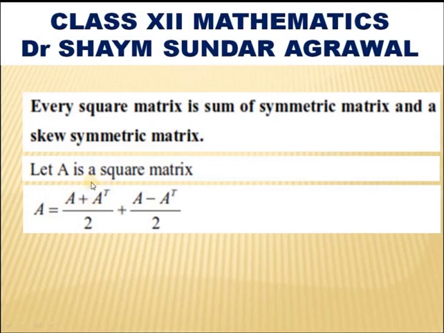So, A plus A transpose divided by any scalar is also a symmetric matrix, and already we have proved A minus A transpose is a skew symmetric matrix. So, A minus A transpose by any scalar is also a skew symmetric matrix. So, any square matrix A can be written as the sum of one symmetric matrix as well as one skew symmetric matrix.